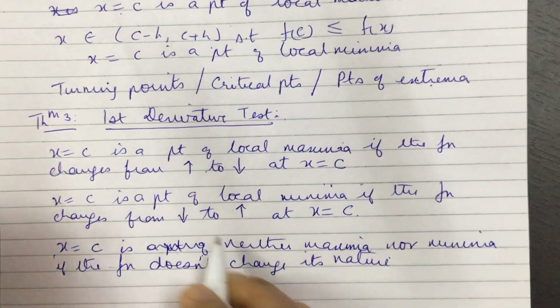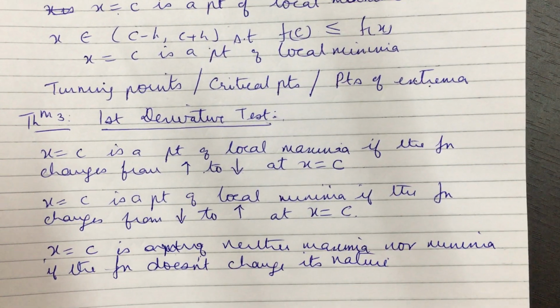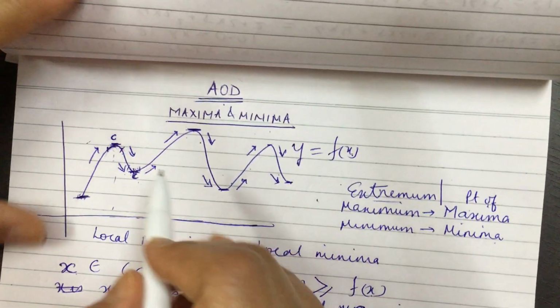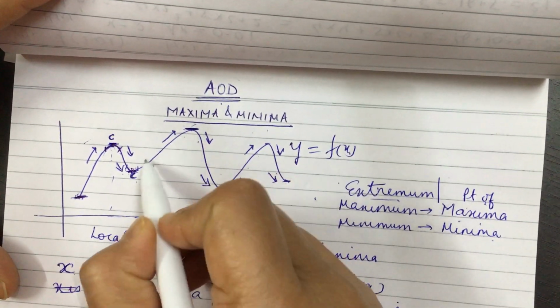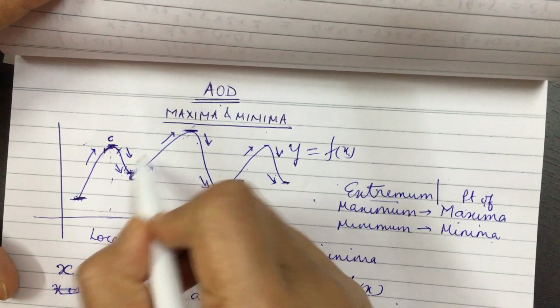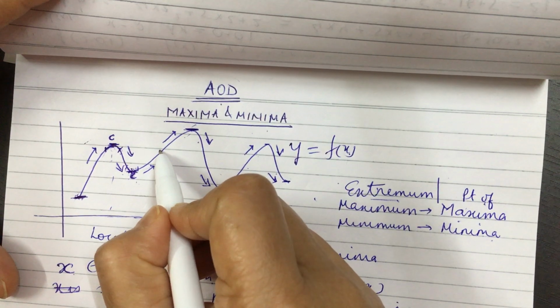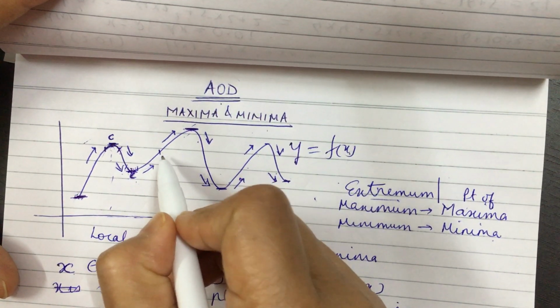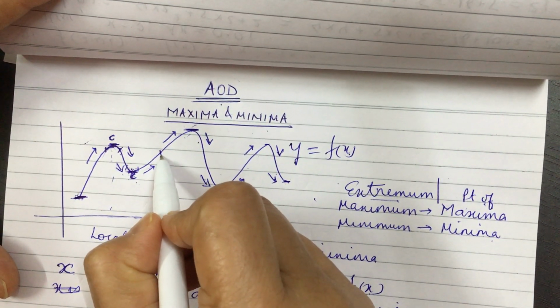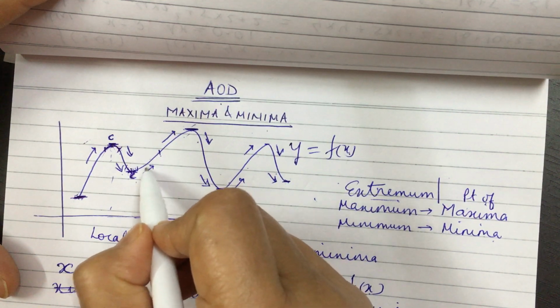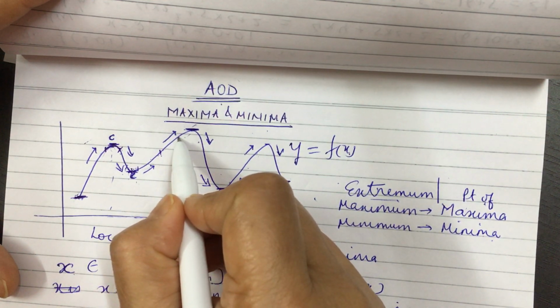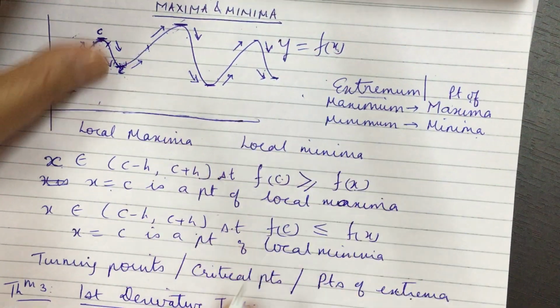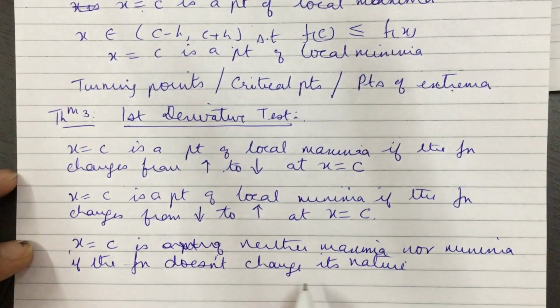Means if it is increasing, it remains increasing. If it is decreasing, it remains decreasing. Like for example, at this point, somewhere in between the two points of extremum, suppose you are taking any point c over here, then on the left also it is increasing, after the point also it is increasing. So this point is neither a maxima nor a minima.